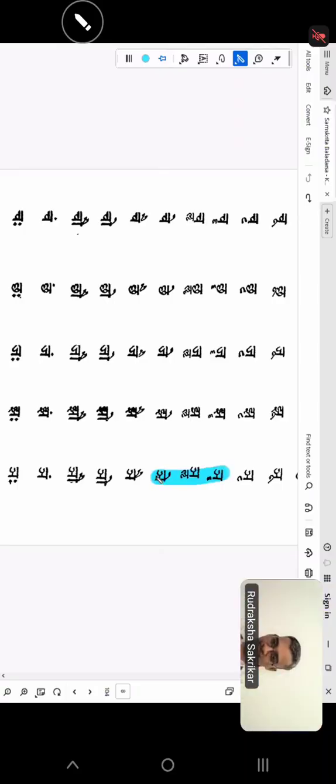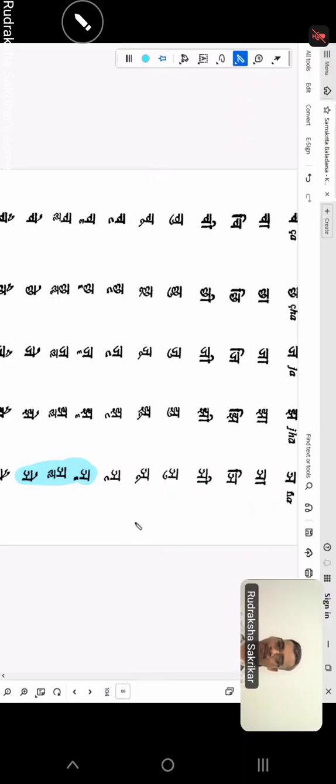Okay, maybe we can skip these three because we don't have words in Sanskrit. Here only the combinations are given.